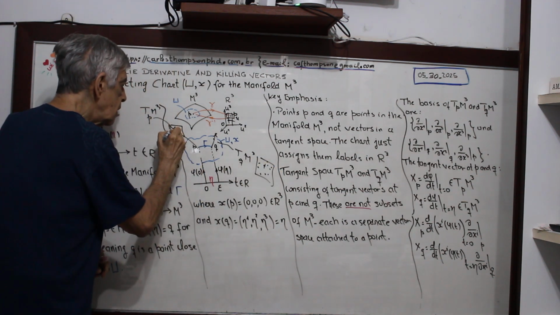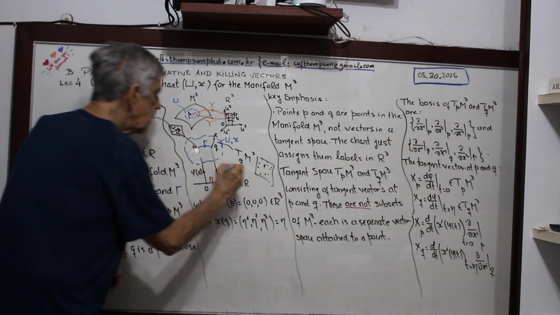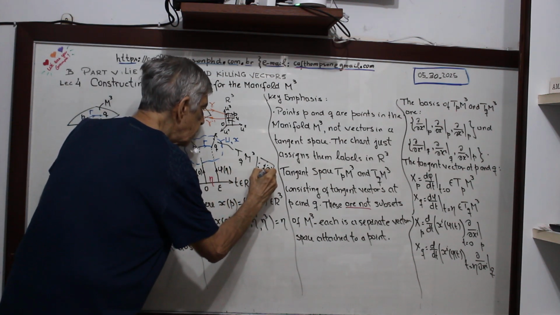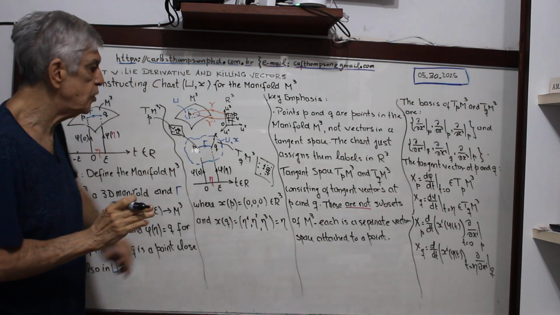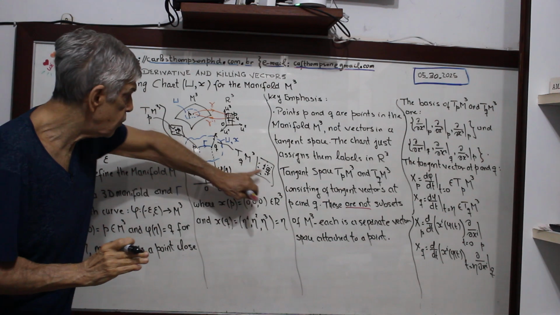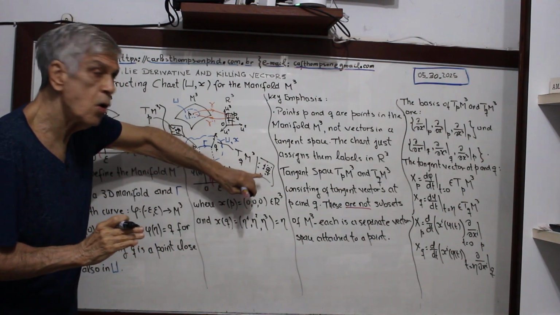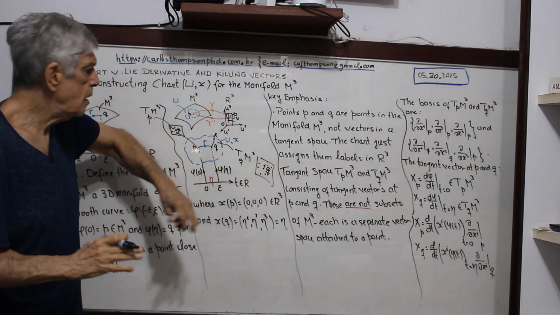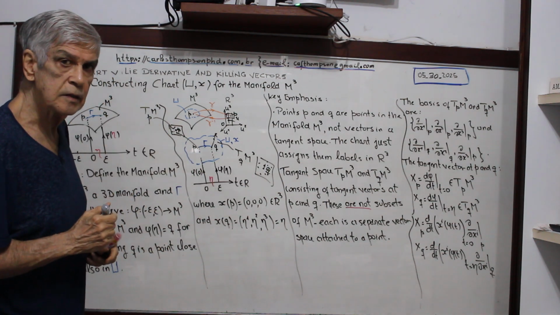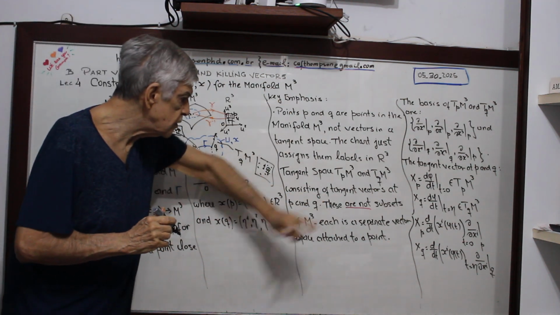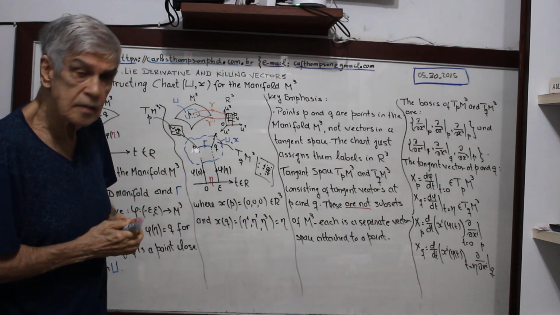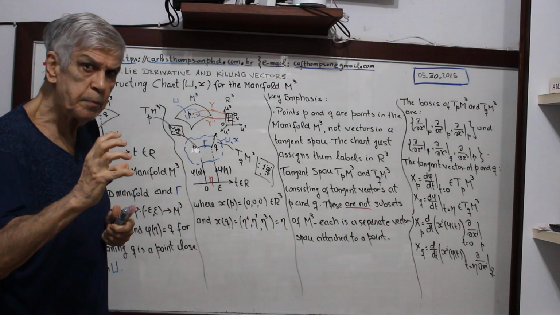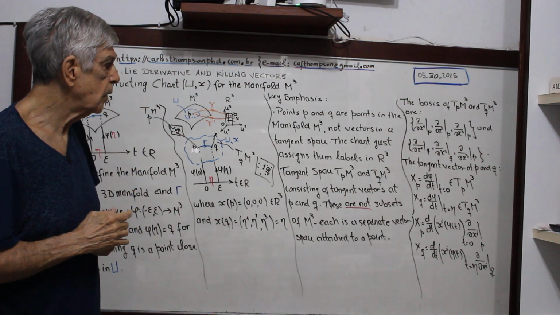But here is a point P, and this is a point Q. These points belong to the chart U, not these points over here. They belong respectively to the tangent space. That's a key emphasis I would like for you to understand and keep in mind always.